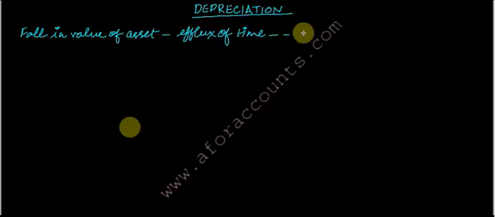Okay, so we need to record it correctly, the value of assets in our books of accounts, because at cost only, every year I am putting it at cost only, so the asset's value also gets depleted after using it. So at the correct value I need to put it in my accounts.